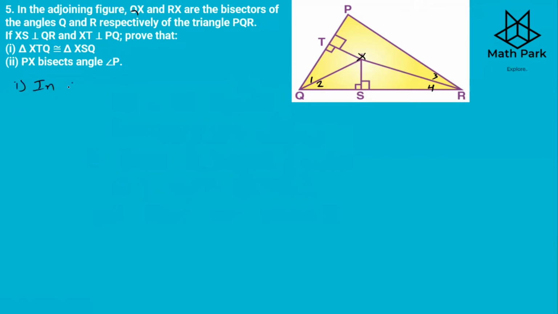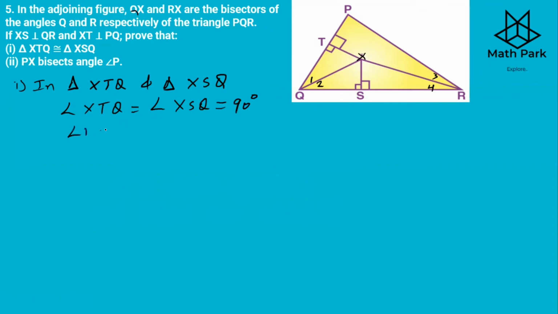So in triangle XTQ and triangle XSQ, first of all, this is 90 degrees. So we will have angle XTQ is equal to angle XSQ is equal to 90 degrees, correct? Because XT and XS are perpendiculars.